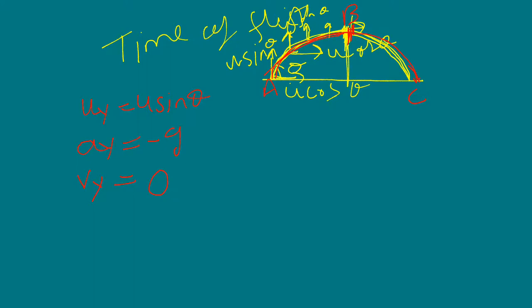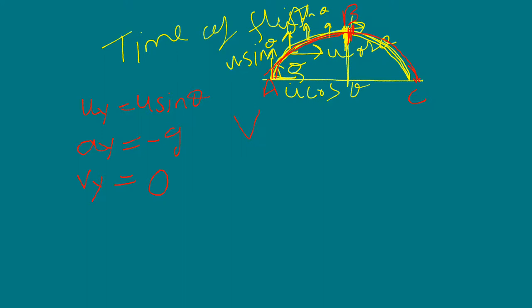If we want to find time, we have three kinematic equations: v square equals u square plus 2as, s equals ut plus half at square, and v equals u plus at. In s equals ut plus half at square, time is there, and in v equals u plus at also time is there. So we can use v equals u plus at to derive this.